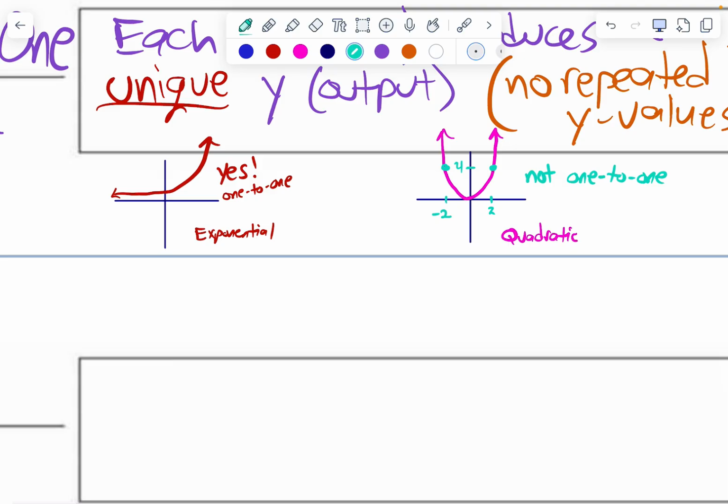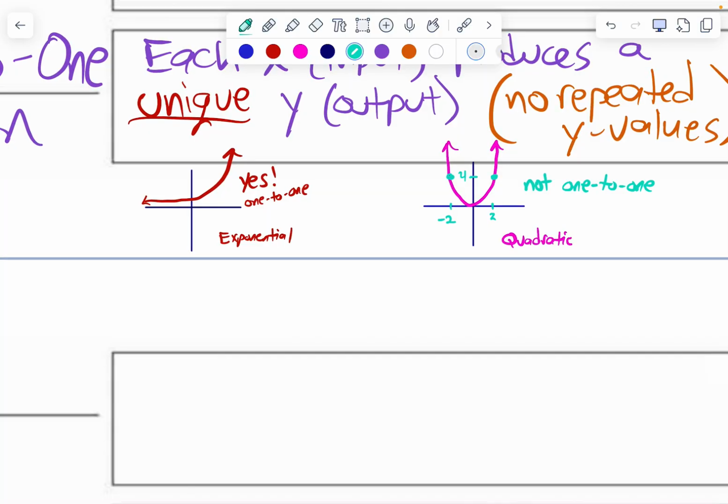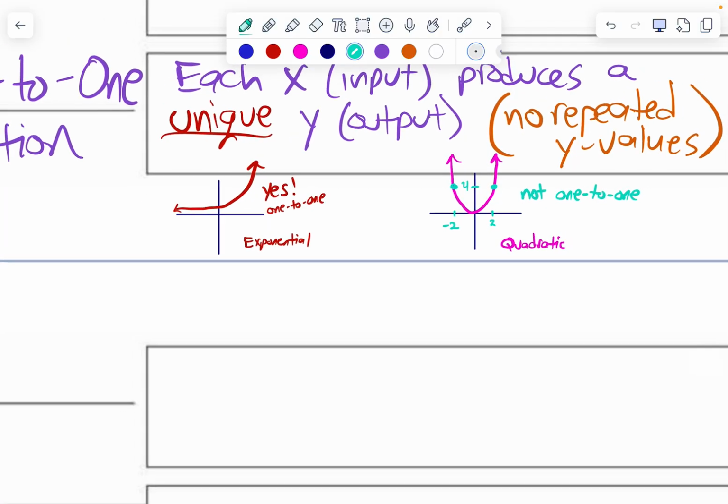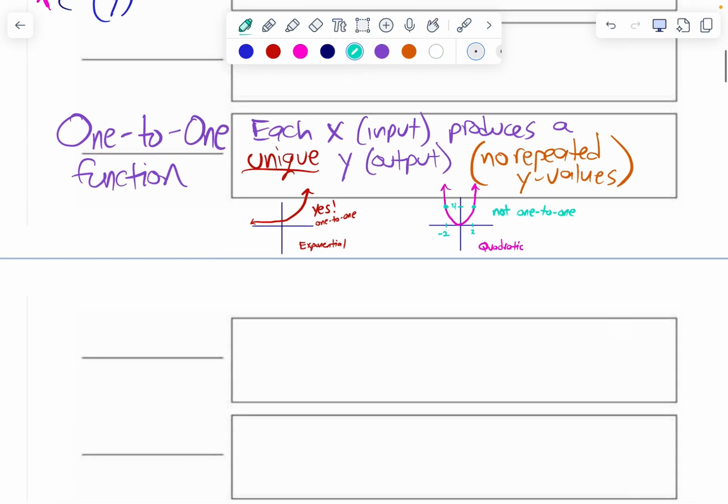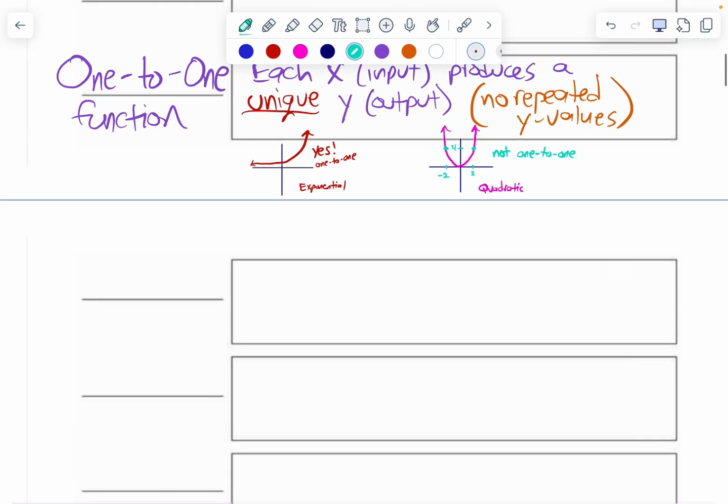If we made a table, it's even easier to see. If you see a repeated y value in a table, it's pretty obvious. So I think in this case, graphs might be a little harder. Okay, but I'm going to give you two tests, and I want you to use these, at least for graphs. You can use these two tests that make this process really easy.